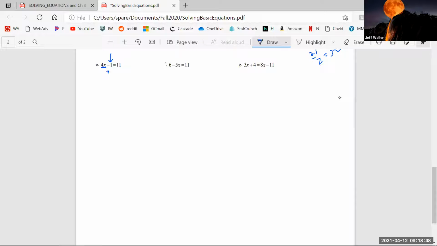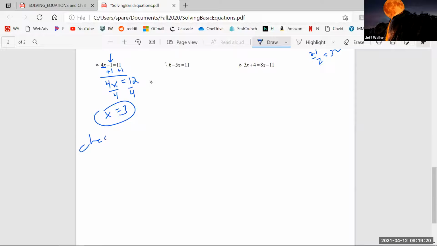So like you just said, I want to add 1 first, because now I get a very simple little equation. And the next step, even if 4 didn't go into 12 and I get a fraction, who cares? Because I'm done. I don't get fractions in the middle that I have to work with. So now what can I do? Divide by 4. I love it.